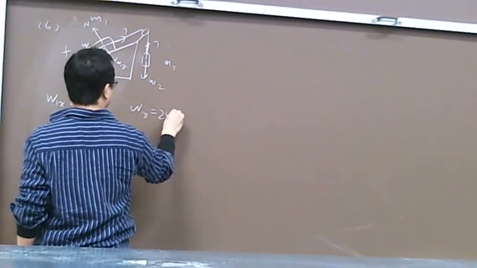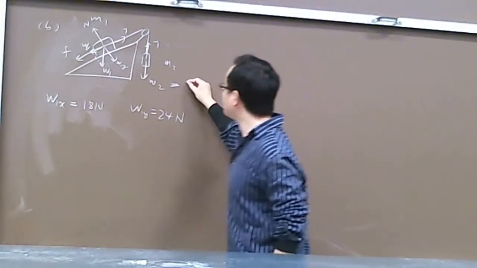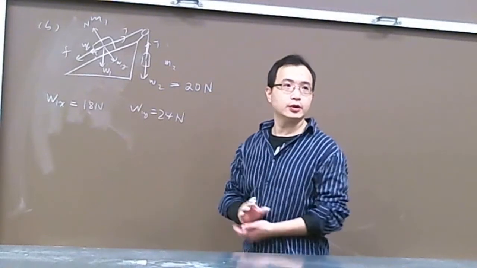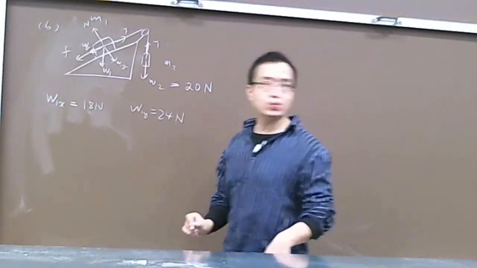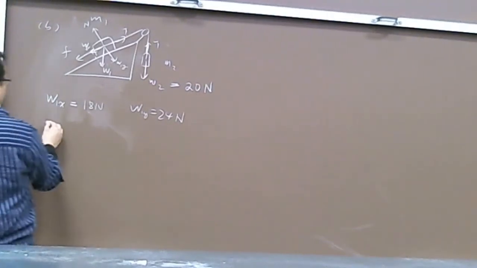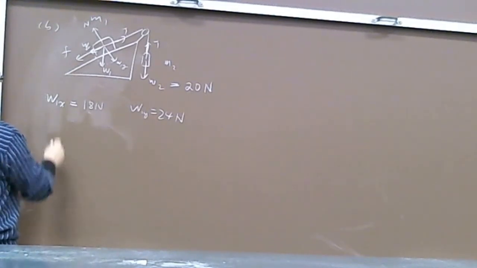W1y will be 24 Newton, and W2 will be 20 Newton. This will not change. And here you can write down Newton's second law for different directions to determine these things.